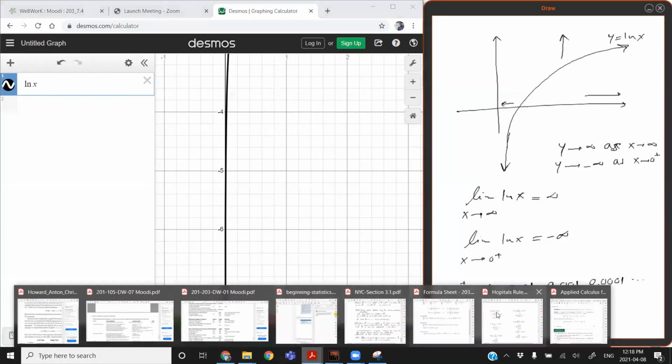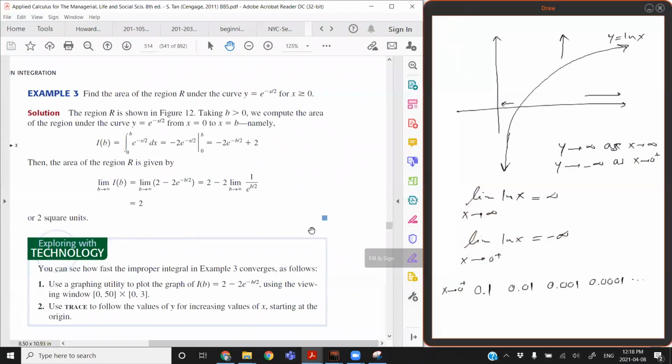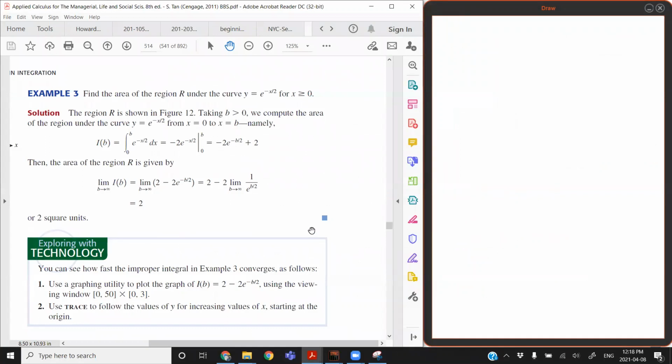Okay, so let's take a look at the next example. Find the area of the region R under the curve y equals e to the power of minus x over 2 for x's that are greater than 0.